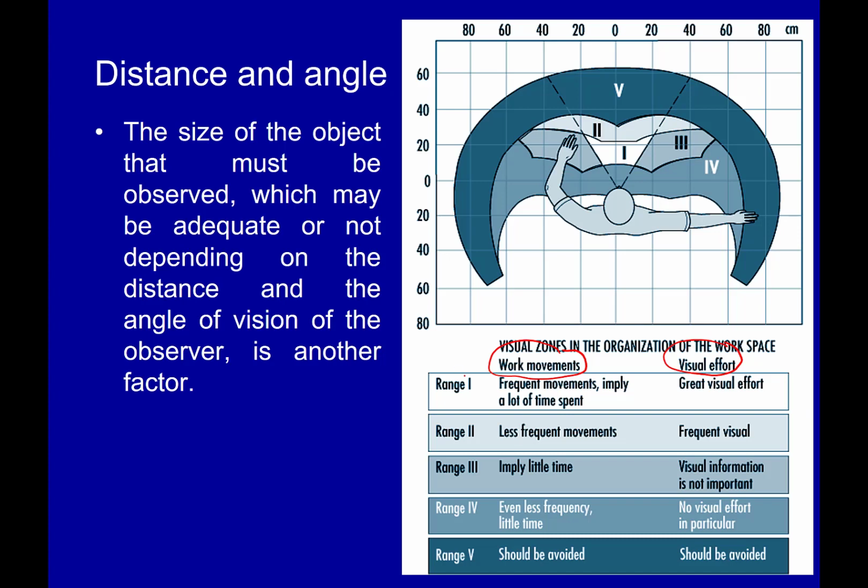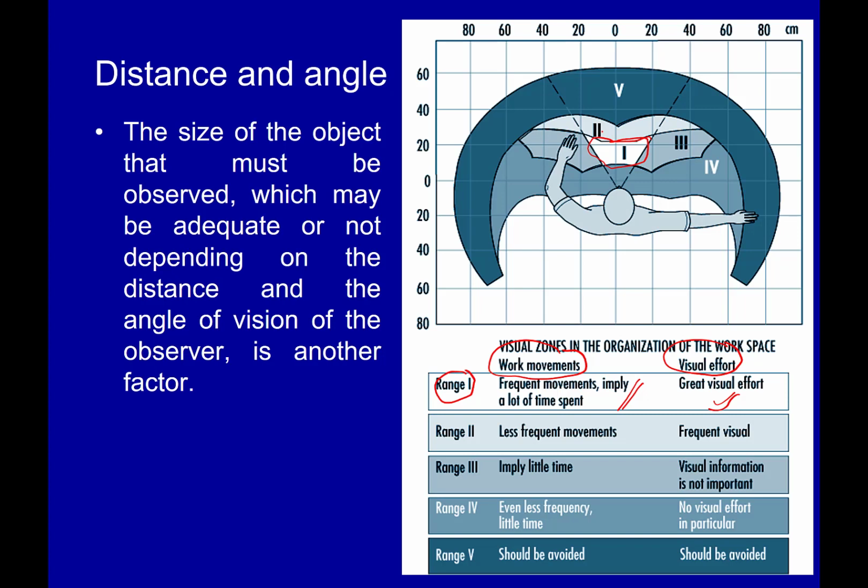So for jobs which need very high movement, or controls or devices that need significant movement of the hands as well as visual effort, meaning very frequent careful observation is needed for successful operation, the area selected is zone 1, which is this. So this is the most preferred location for putting in the controls and the things which will be mostly used during the work.